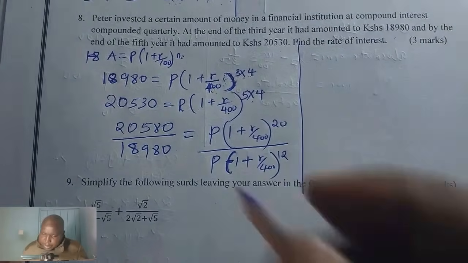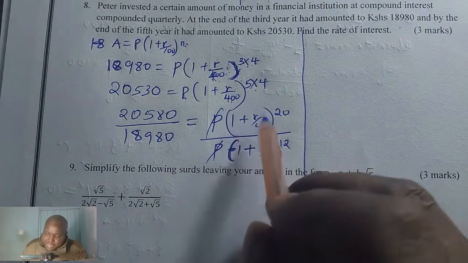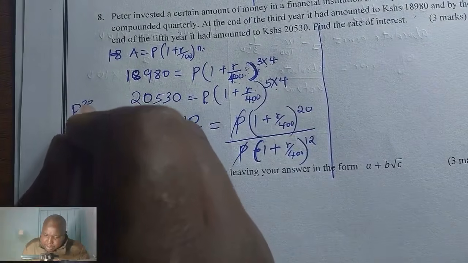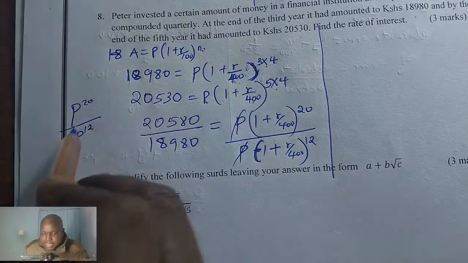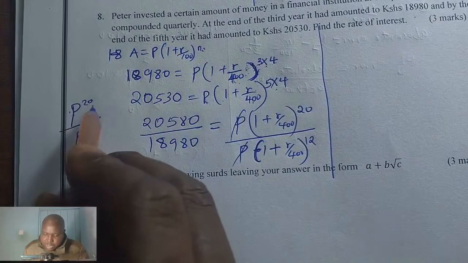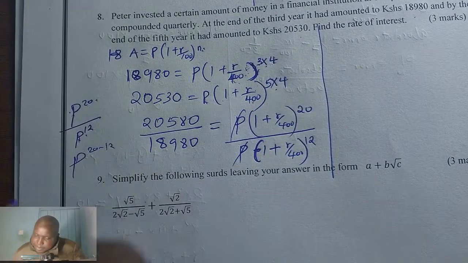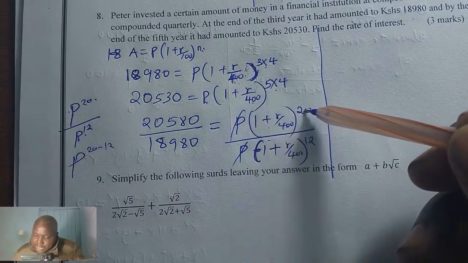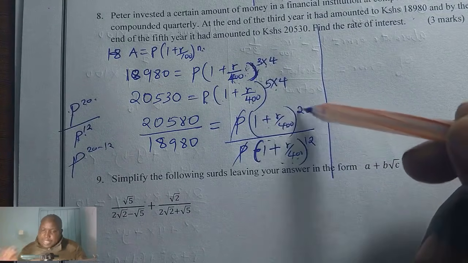So principal and principal cancel out. But now you remember from indices, if we have P raised to power 20 divided by P raised to power 12, the base is the same, we are dividing, we need to subtract, so we take 20 minus 12. The same thing, 1 plus R over 400 is the base, the bases are the same, so we are going to deal with the powers.